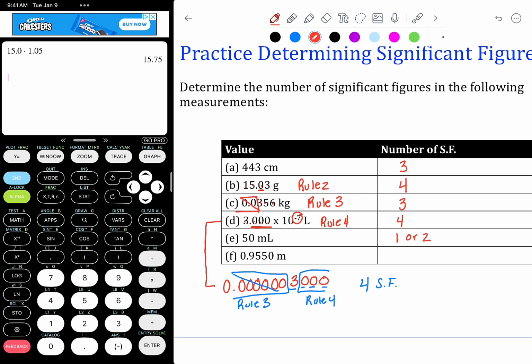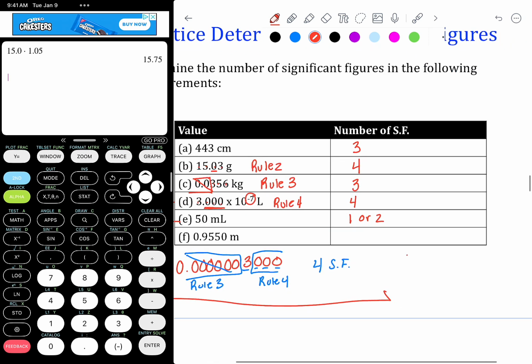Now in your ALEKS homework, I'm trying to write this over here, ALEKS wants you to add a decimal at the end of every whole number, just to show if certain numbers are significant or not.